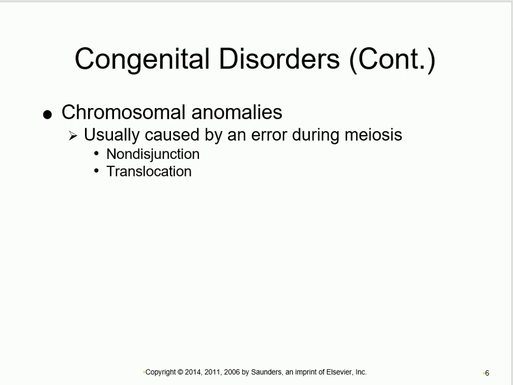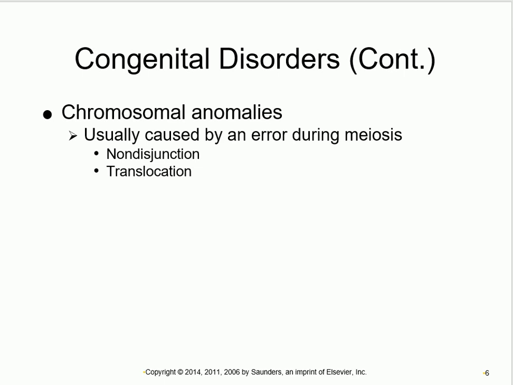A piece from this chromosome translocates to another chromosome. You're supposed to do it perfectly: I have this pair, separate them, make a complementary from this one, make a complementary from this one, and everything is going fine. Sometimes, while you're doing this, a piece cuts and puts itself on another one. This is called translocation.